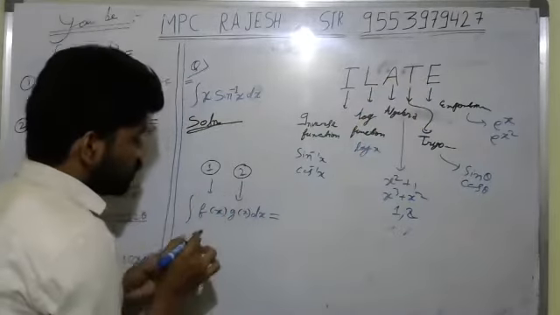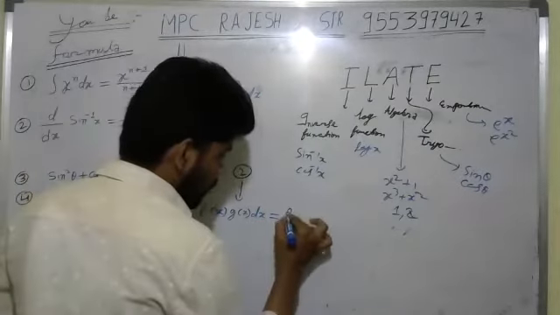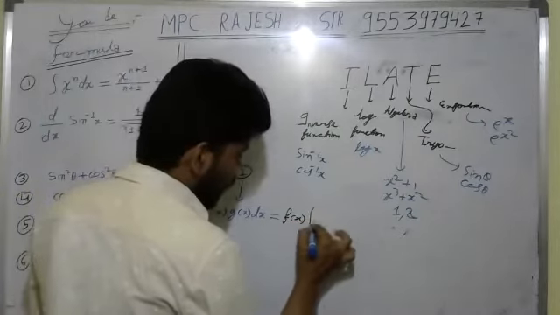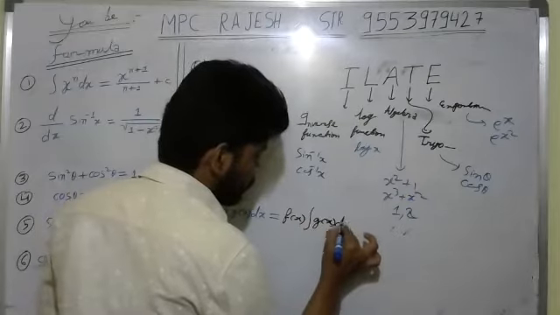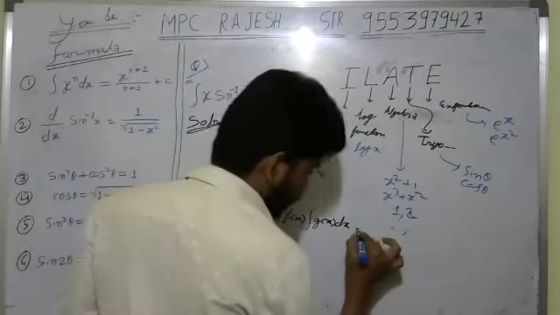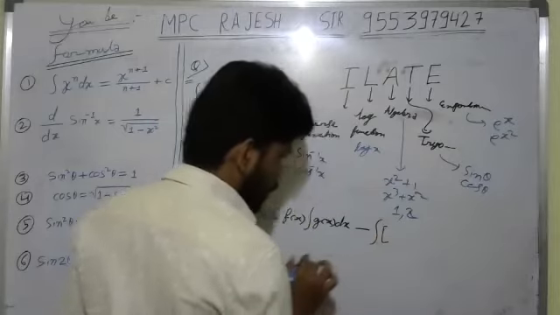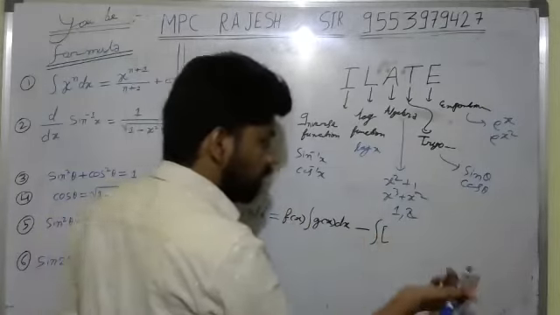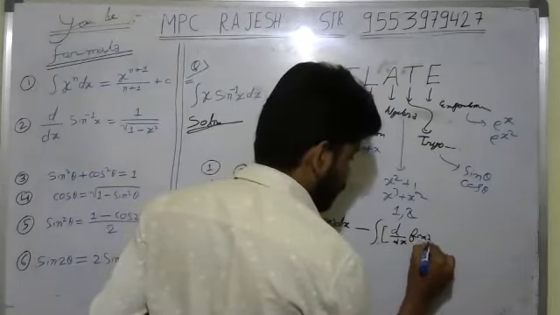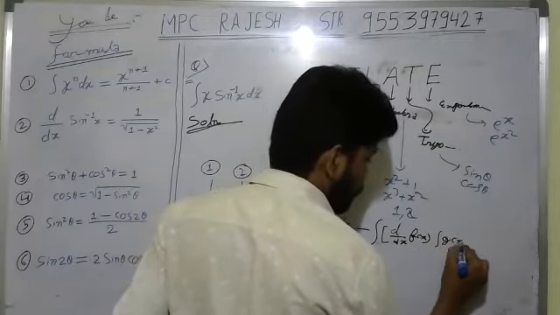Similarly, 1 or 2. So how can we integrate? Function number 1 as it is, integrate the second function, minus integration of the derivative of function number 1, multiplied by the integral of the second function.